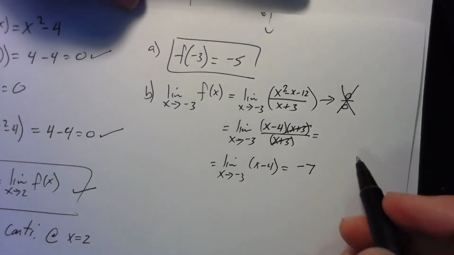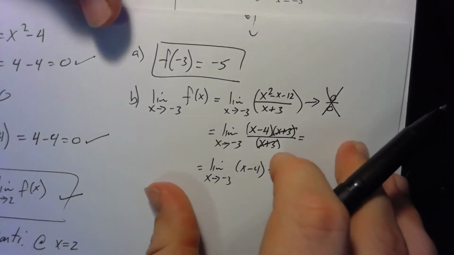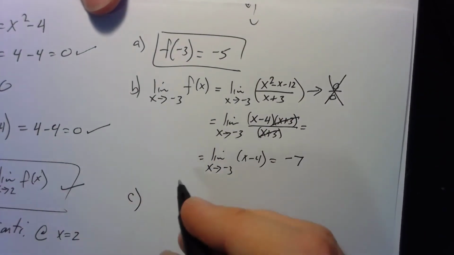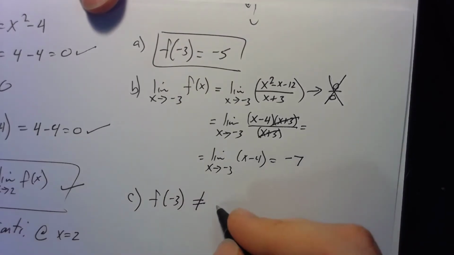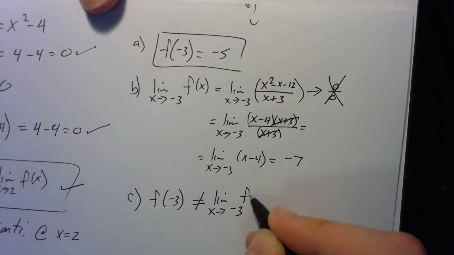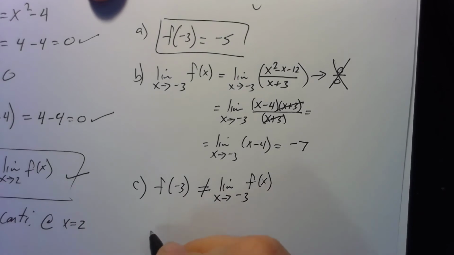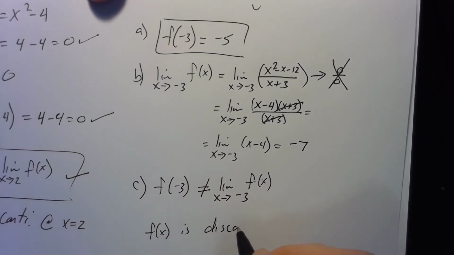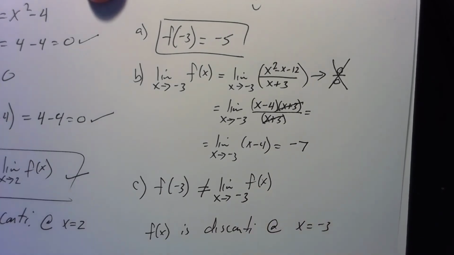So in this case, if I'm looking at this function right here, we can very clearly identify that part C fails. F of negative 3 does not equal the limit as x approaches negative 3 of the function f of x. So by saying this, we can say that f of x is discontinuous at x equals negative 3.